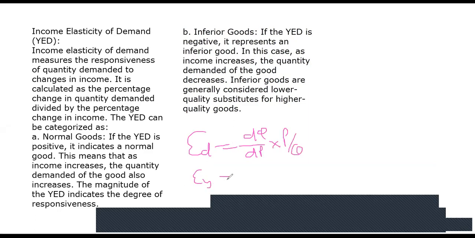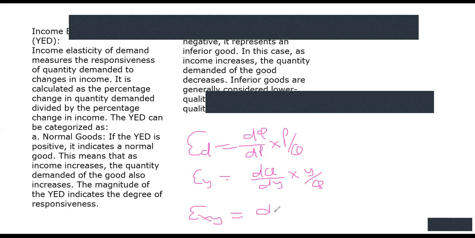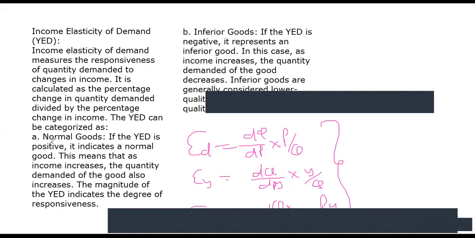The elasticity of income is Q over Y times Y over income. Cross price elasticity is Q over the price of Y times price of Y over quantity of X. Whenever we're dealing with income elasticity of demand, it is a normal good if we get a positive answer, and an inferior good if it is a negative answer.